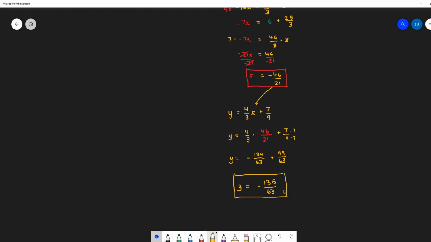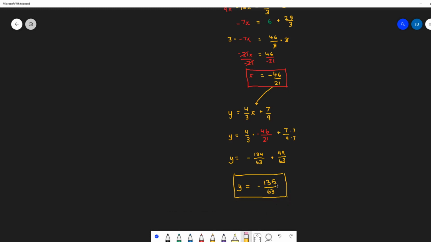I don't think this can be simplified any further. Let me just make sure. 135 divided by 7. Nope. 135 divided by 9. Oh, okay, it can actually, since 135 is divisible by 9. So this is not our final answer. Instead, if we divide both of these by 9, it should be negative 15 over 7.